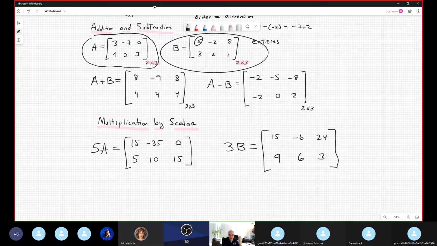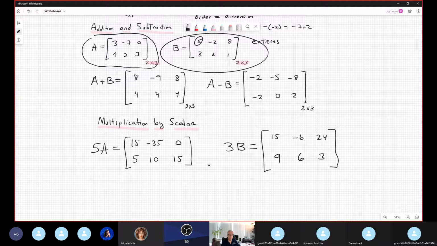The scalar is just an individual number, the number that we work with every time in our life. Scalar has no dimension. Well, yes, the dimension is 1 by 1: one row, one column, only one entry.